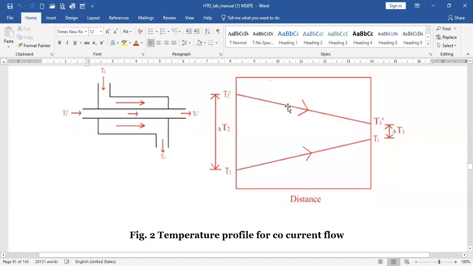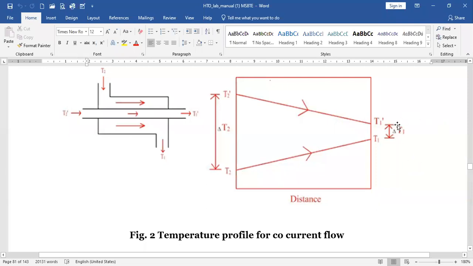So if there is a temperature difference between the inlet and outlet of the same fluid, then it is called a range. If it is a terminal temperature difference, then it is called an approach. I hope you understand the difference between range and approach in heat transfer.